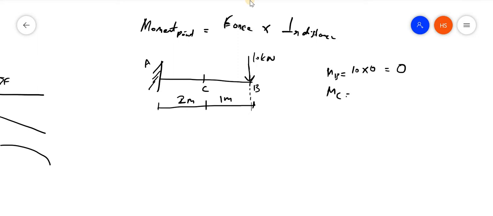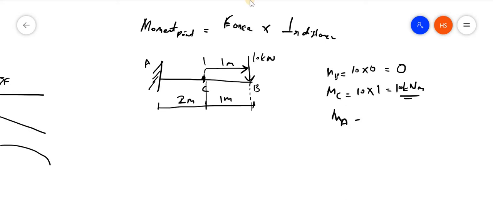Now the moment at C is the force, 10 kilonewton, into the perpendicular distance, which is 1 meter. So it is 10 kilonewton meter. That is the moment at C.